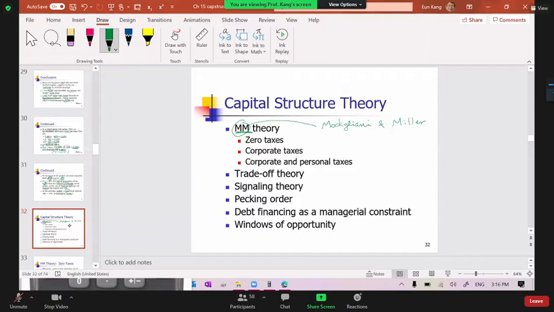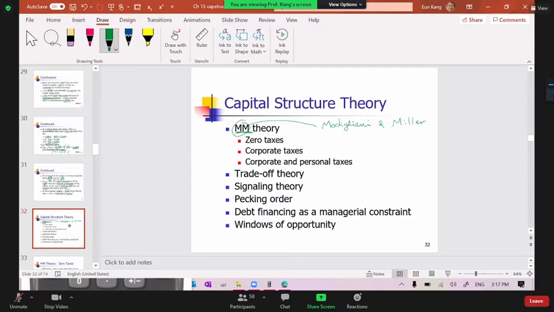So they finally got what? Nobel Prize in economics. Again, finance is one branch of economics, so we call it financial economics, right? So they got Nobel Prize in economics, both of them. Modigliani first, and then Miller.